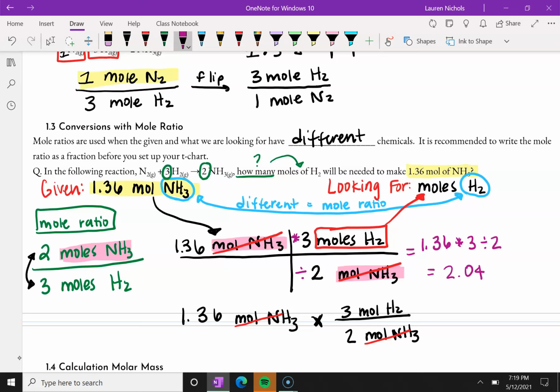Now that's our answer, but your answer always has to include your unit and your chemical formula. The only unit and chemical formula that did not cancel out in our T-chart is the words moles of hydrogen. So our full complete answer is 2.04 moles of hydrogen.